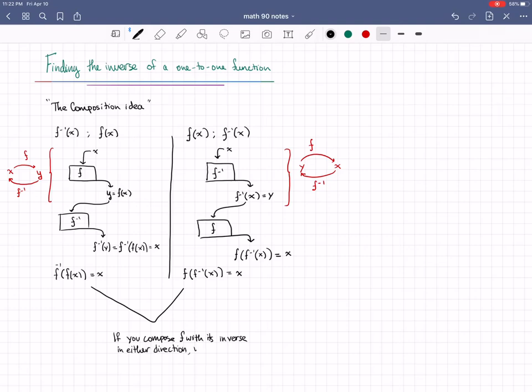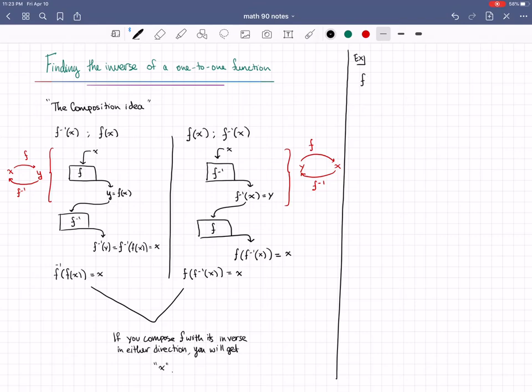So you will get x. And we'll do an example of this a little bit later on, but what this does for us is it gives us a really algebraically oriented way to think about what the inverse relationship is. So I actually want to use this to do our first example.